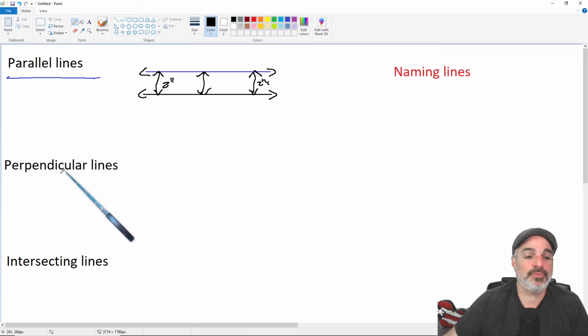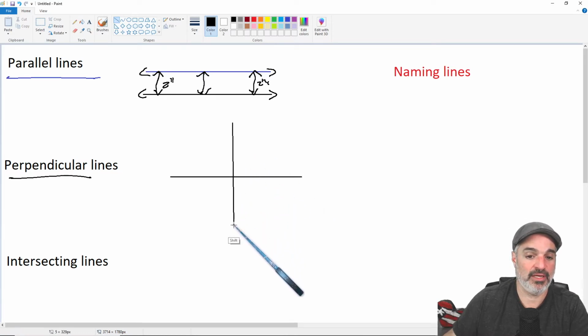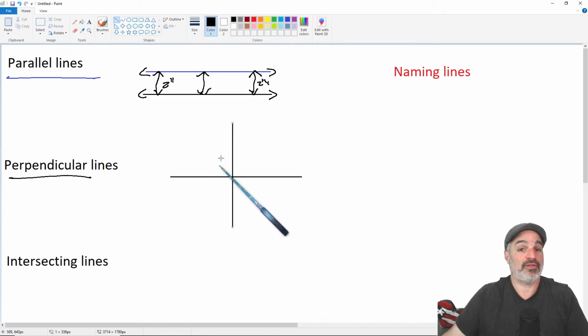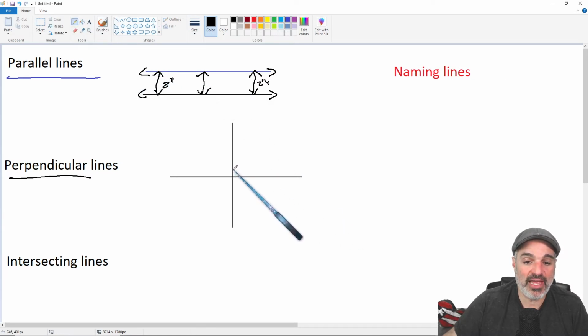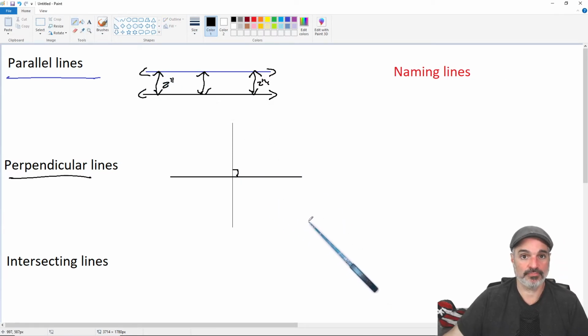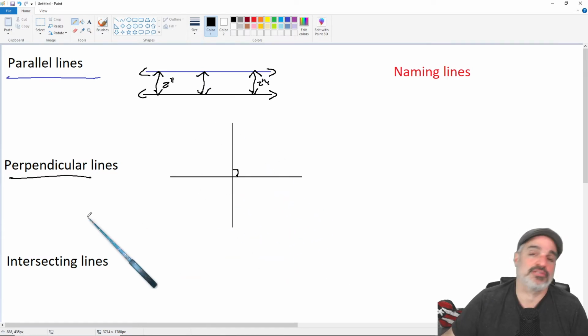Then we talked about perpendicular lines, right? And for this, it's good that we learn about angles first, because for perpendicular lines, we learned that they are lines that form a 90-degree angle between them. Some of my students say, oh, they form a perfect cross.